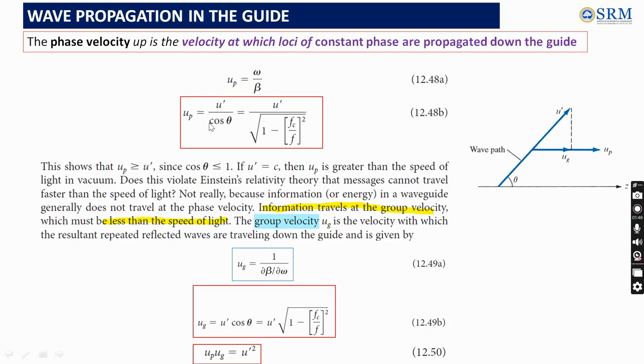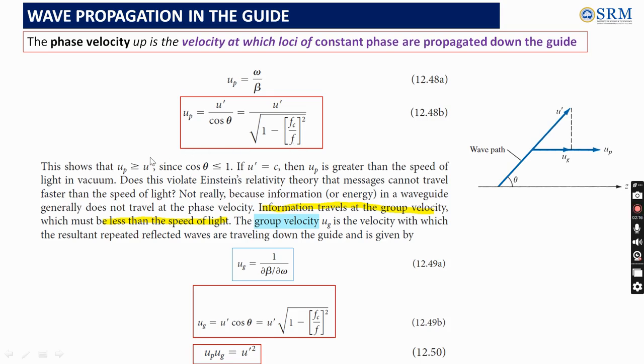As we can see from this relation, it is equal to the medium velocity divided by cosine of the angle at which the wave touches the walls of the waveguide. So it is equal to the velocity u dash, the velocity of the plane wave, divided by the same factor, square root of 1 minus (fc by f) the whole square.